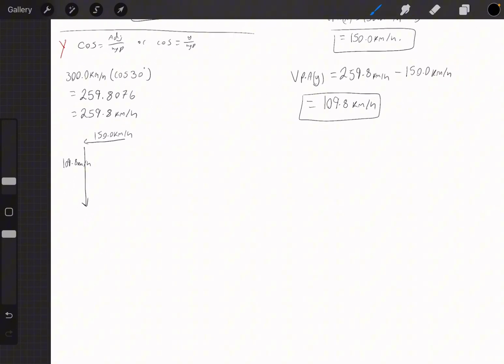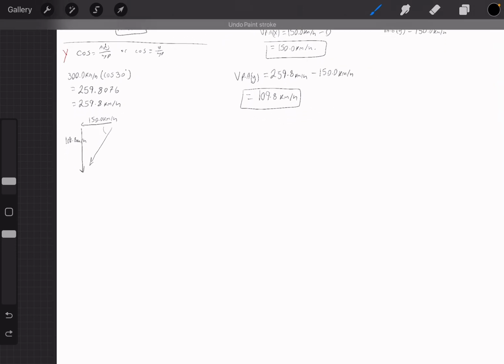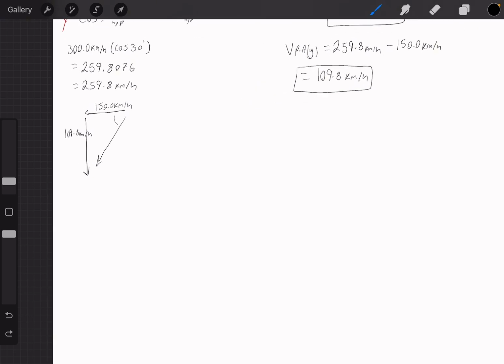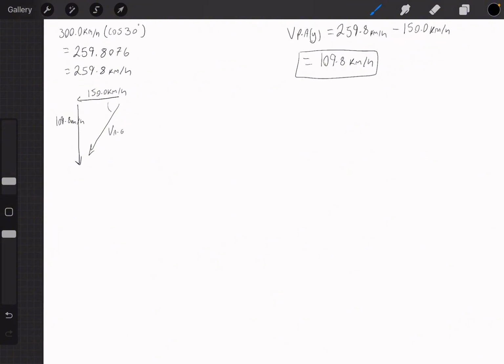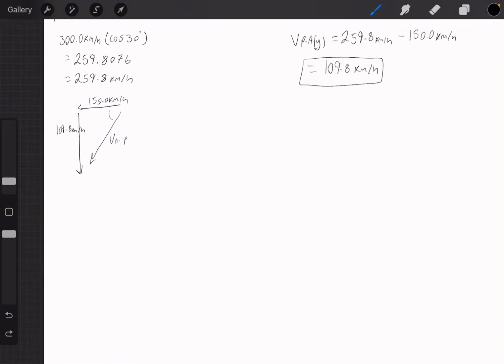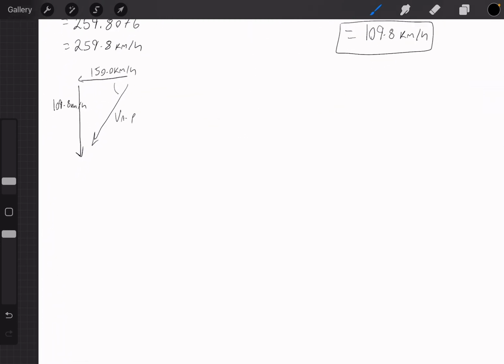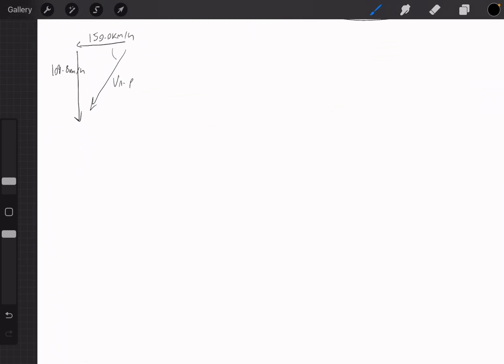So what we're looking for is sort of this, and this angle here. Okay, so to find our VAP, velocity of the air relative to the plane, we are going to use the Pythagorean theorem since we're finding the hypotenuse.